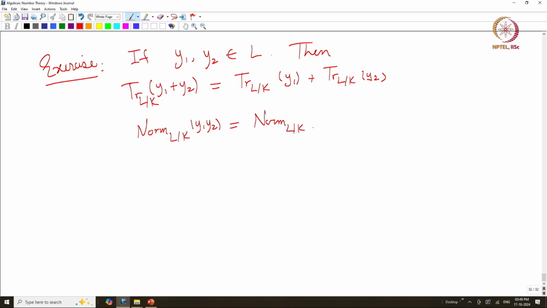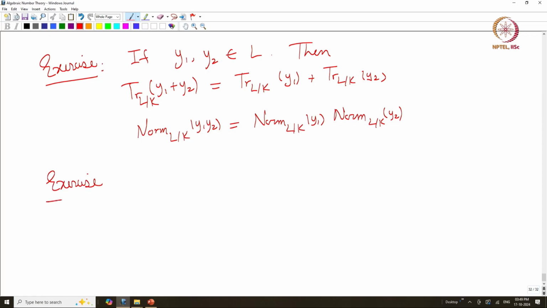So, the norm from L to K of y1 times the norm from L to K of y2. Okay. I will give you a couple more exercises because this is all from linear algebra.